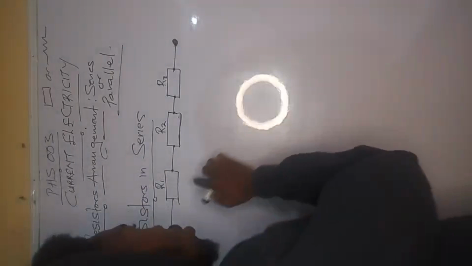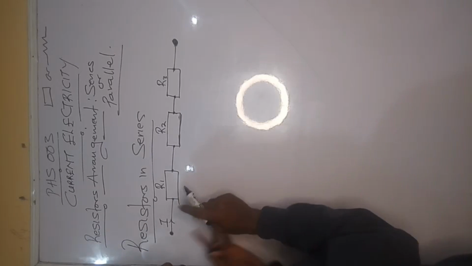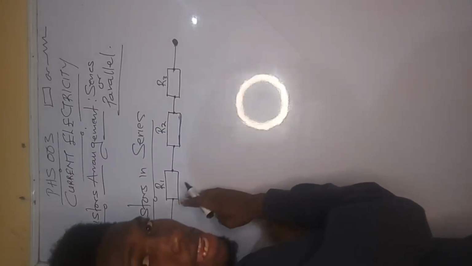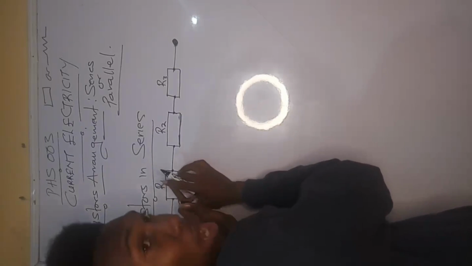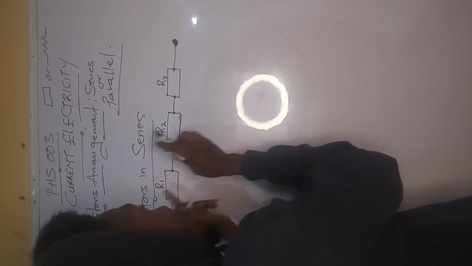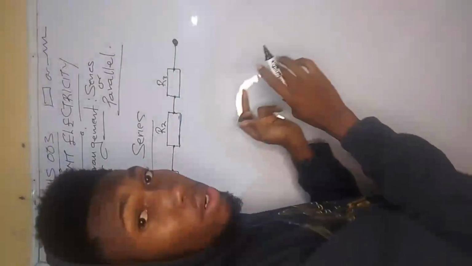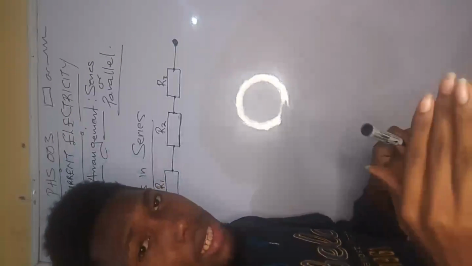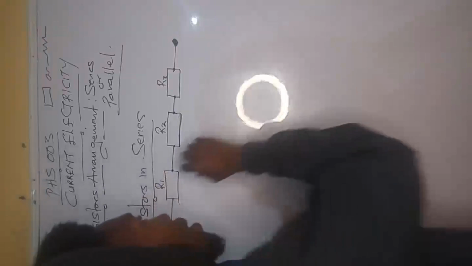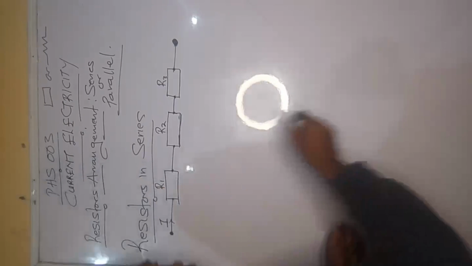When the current I is flowing through this, there is not going to be any obstruction in the current flow. The current passes through R1, the same current will pass through R2, then this same current will pass through R3. It means that in a series connection, the current is the same. The current that passes through all the resistors is the same. So we can just write it down.